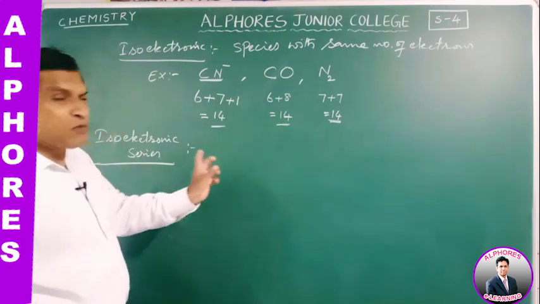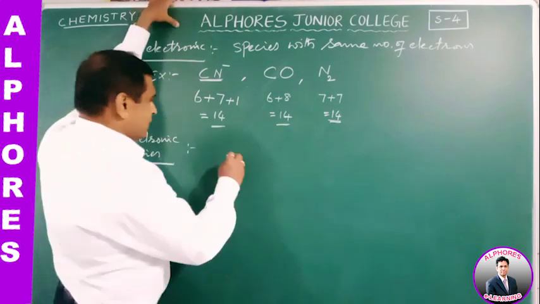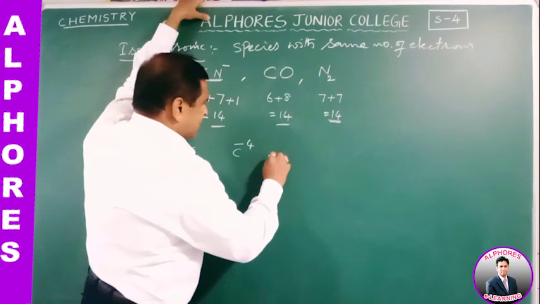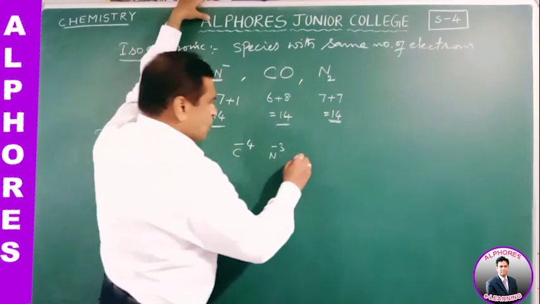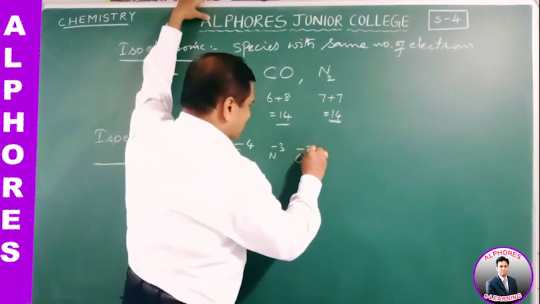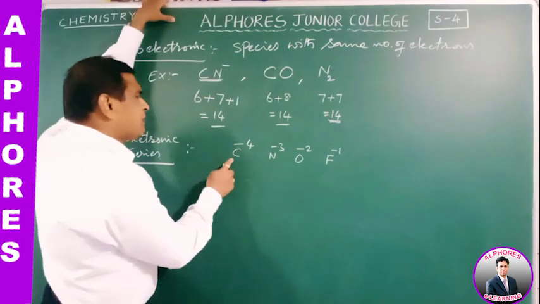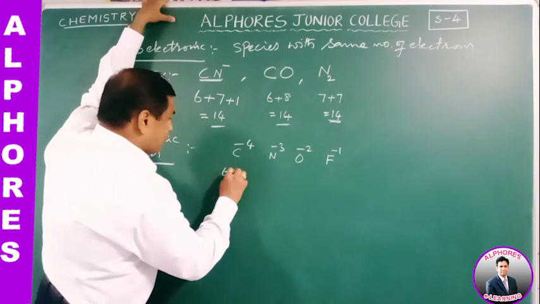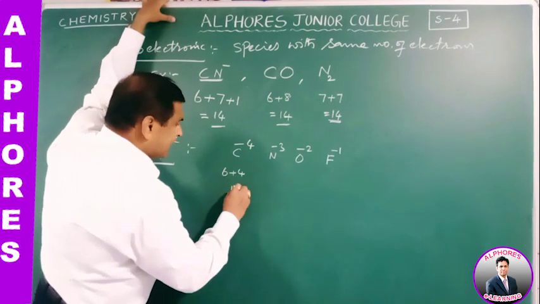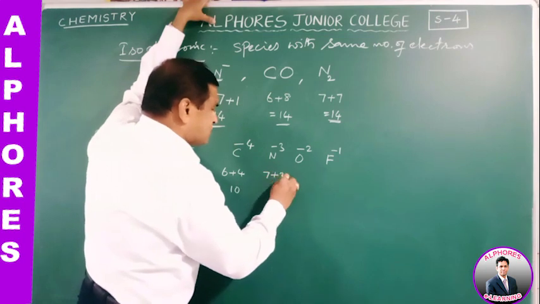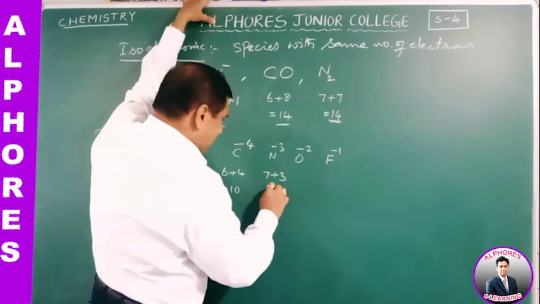For example, carbon C minus 4, N minus 3, oxygen O minus 2, fluorine F minus 1. Carbon atomic number 6 plus 4 extra electrons, that is 10 electrons total. Nitrogen atomic number 7 plus 3 extra electrons, again 10 electrons.